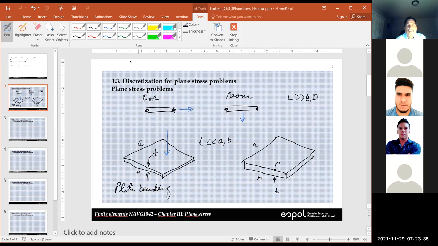But now, similarly to the bar and beam difference, in this case, we apply the load only in the plane.